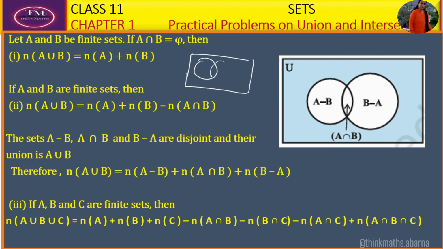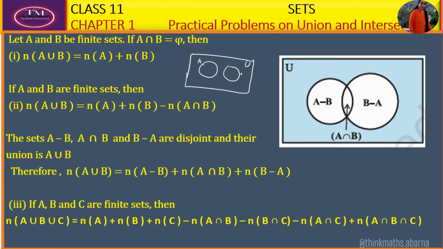There will be two circles, this is set B and this is set A, and this is the union. If A intersection B is empty, that is, no element is common to A and B, then sets A and B will be disjoint.